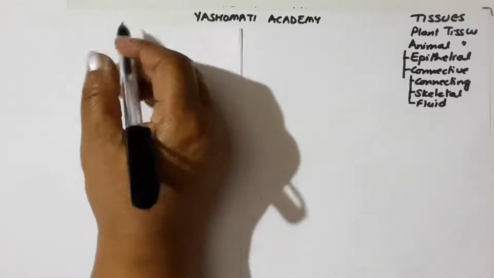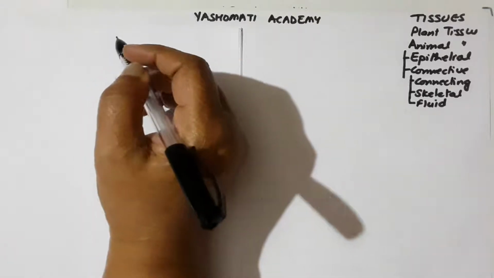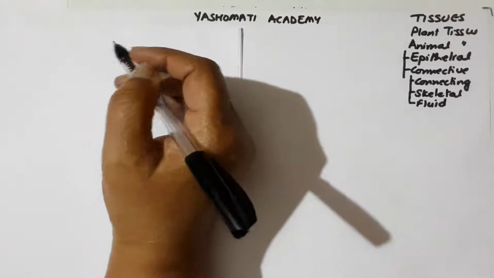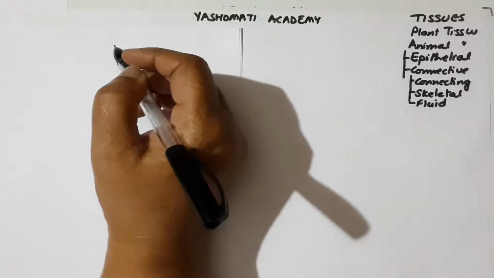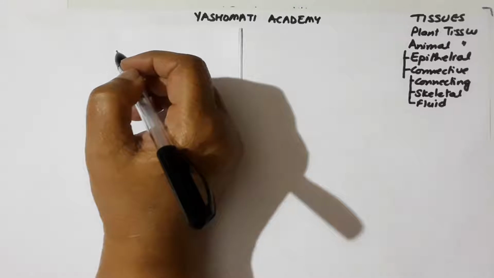As far as fluid tissue is concerned, as the name suggests, it must be some kind of liquid which can flow from one place to another, and because liquids can flow, they also help in transporting materials.